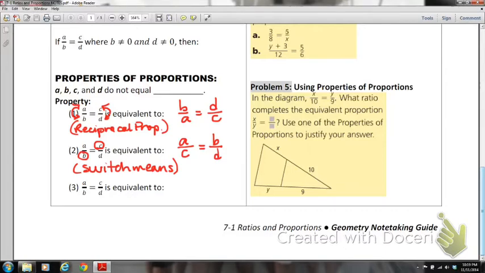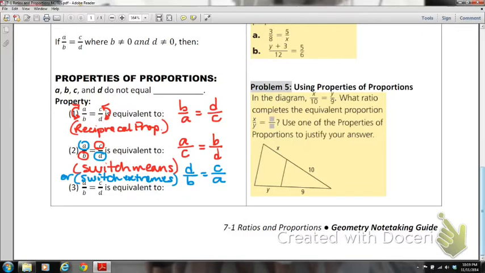If I can take the A and the D and switch them, so I'm going to put the D and the A, I'm going to switch those and leave the B and the C. So I can also switch the extremes, and that's also going to be a true proportion if I switch those extremes. And why is that? Because the cross products are still going to be the same whether they're switched or not. So that's why that property is true.